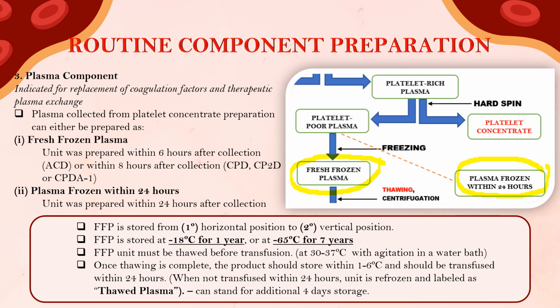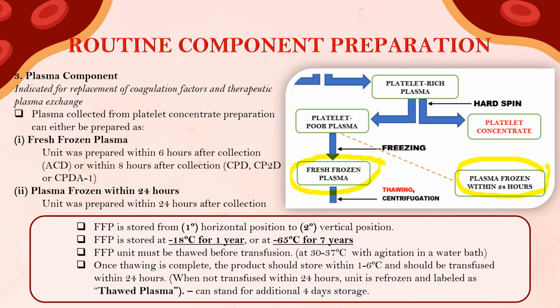So that is a technical or practical skill that we always perform in the blood banks. And your frozen plasma can be stored at two temperatures. For negative 18 degrees Celsius, it will have a storage time span of 1 year. And when the FFP is stored at negative 65 degrees centigrade, it will have a shelf life for up to 7 years on storage.